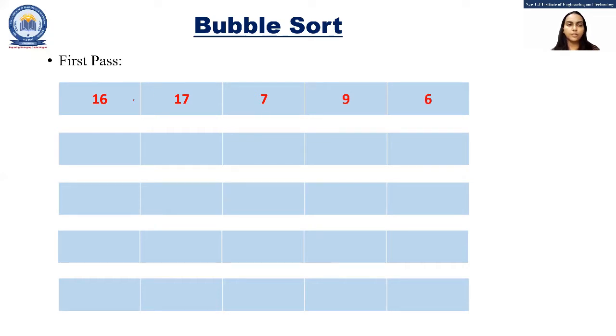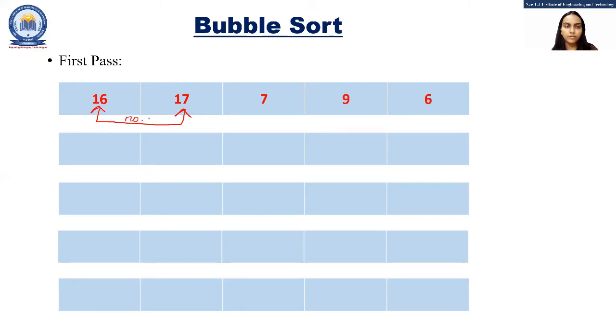Now see this, we are given an array of 5 elements. It starts by comparing the first element with the second element, and if we want to sort in ascending order, 16 and 17 are compared. Among 16 and 17, 16 is less, so no swapping is done, right?